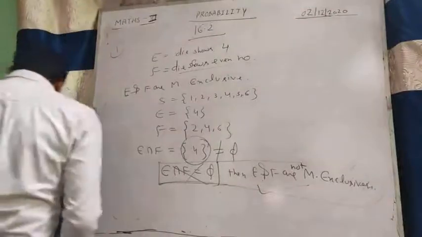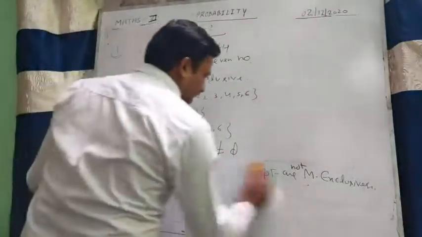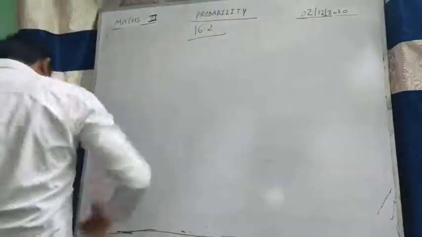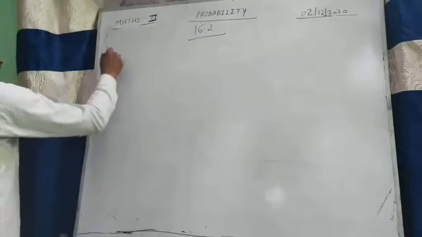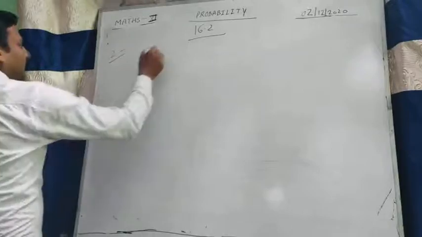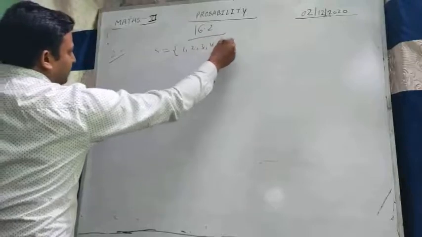Now we will see our next question. Question number 2 is a die is thrown. A die is thrown means our sample space is this.